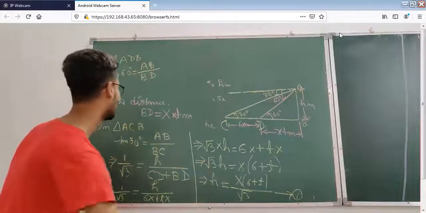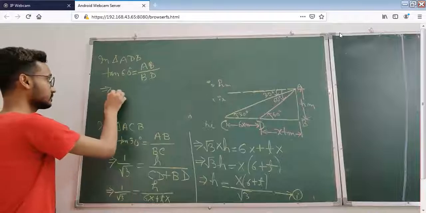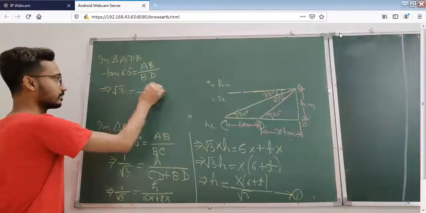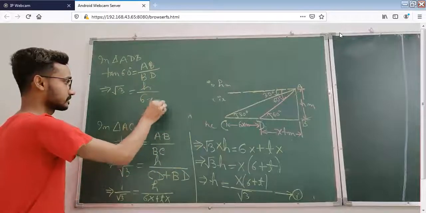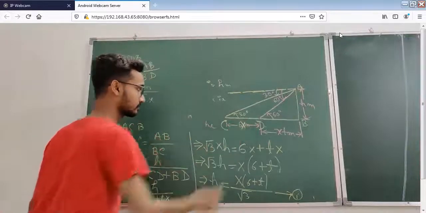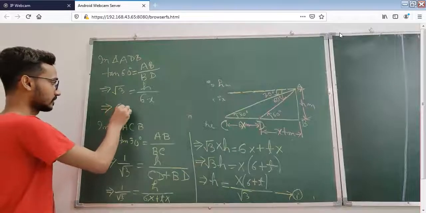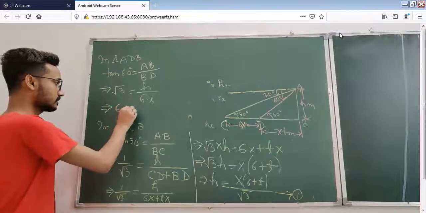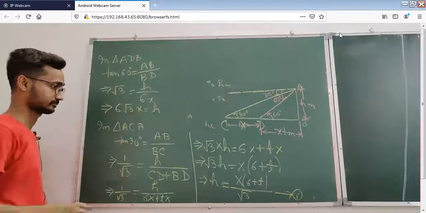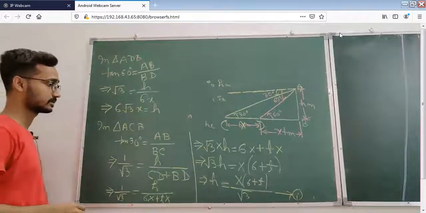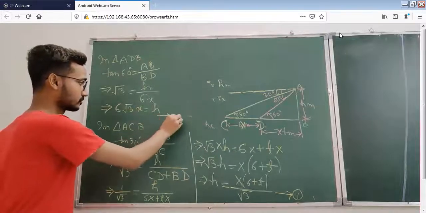Tan 60 is nothing but root 3. AB is your h and BD is your 6x. We have already found 6x meter. Now, if you cross multiply it, it will be 6 root 3 x equal to h. So give this one number 2.